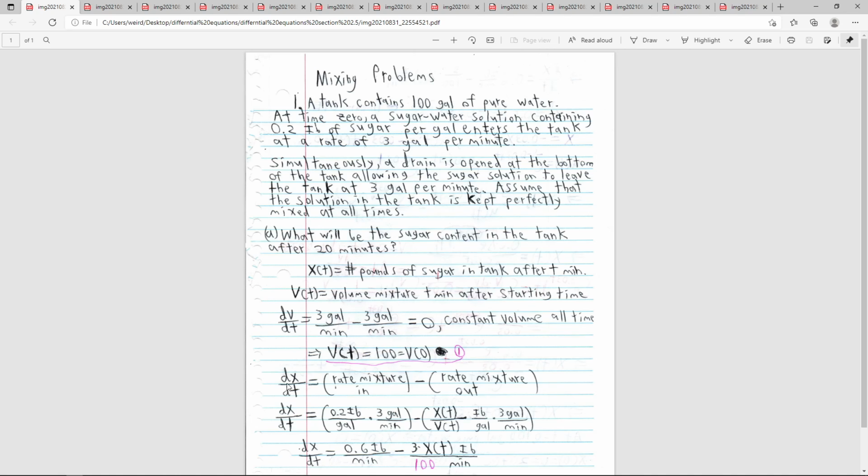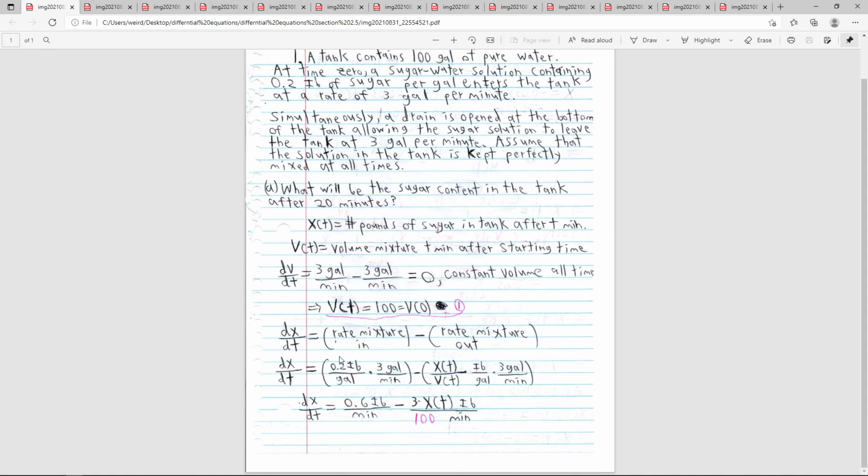So that means v(t) is equal to v0, which is equal to 100. That's important, because as you'll see, whatever the volume is at time t matters. But it's always going to be just a simple constant 100.